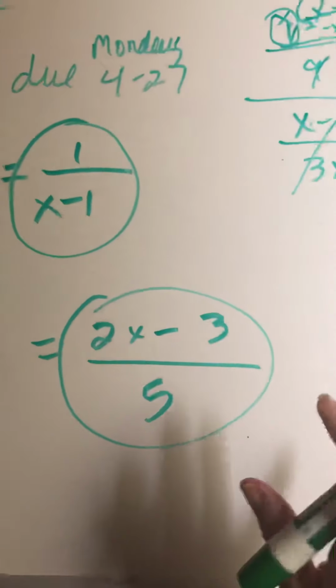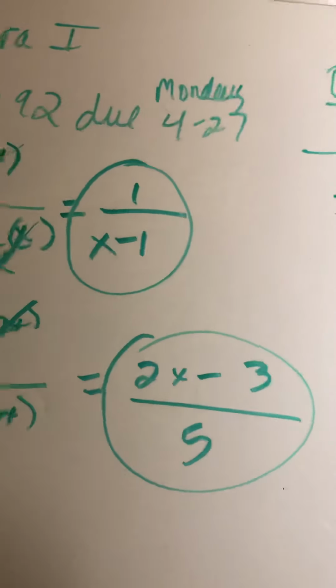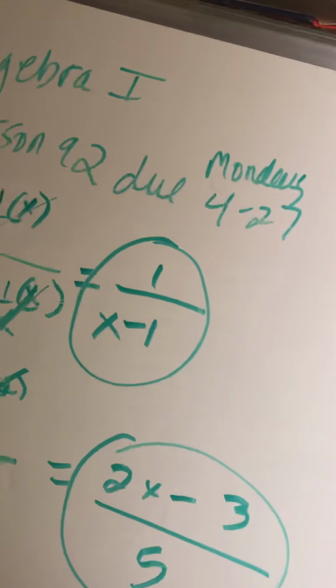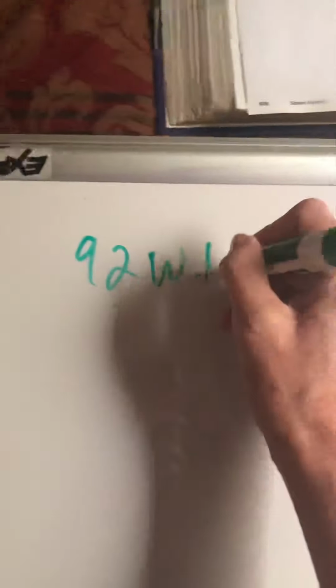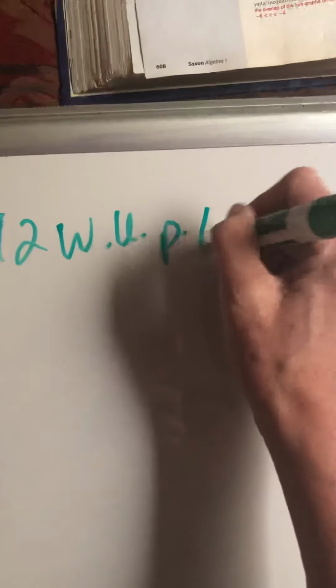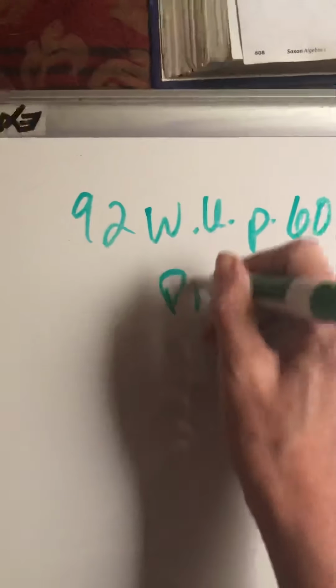So that's the lesson. Now what I want to do is go over a few in the lesson, assign the lesson, that kind of stuff. Again, it's due Monday. So let me write this up here. On lesson 92, you're going to do the warm-up, which is on page 609. You're going to do practice.